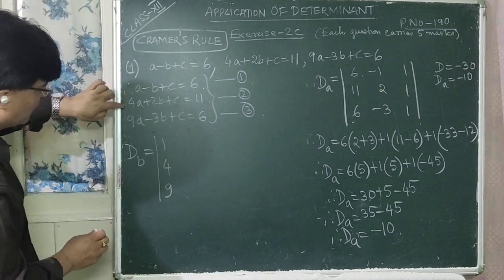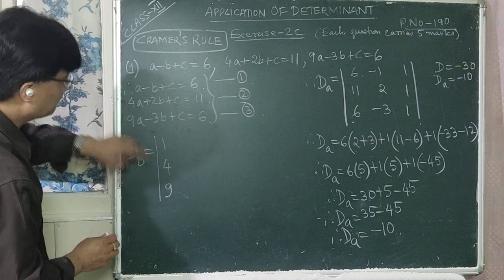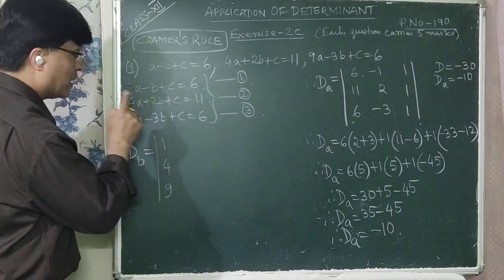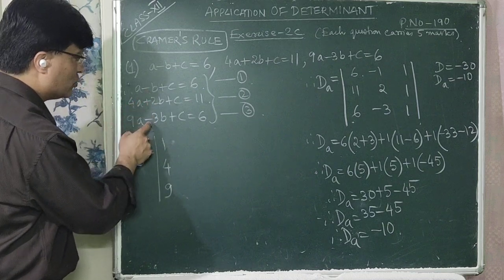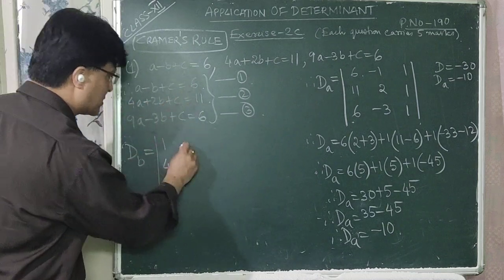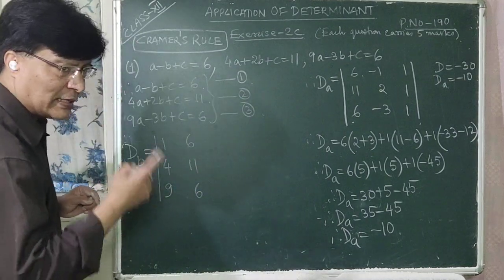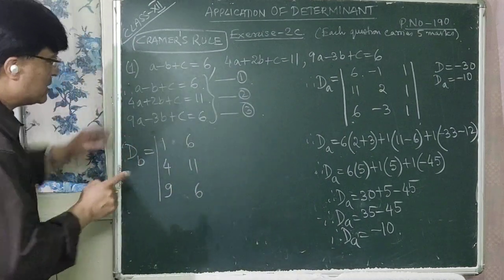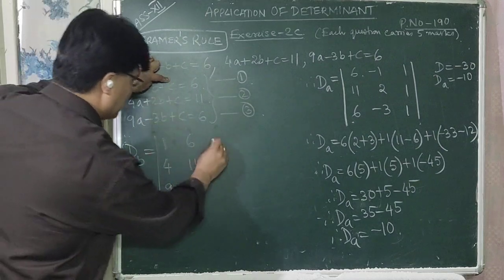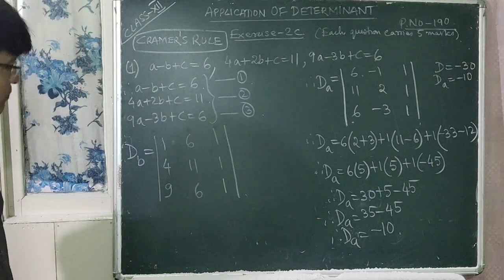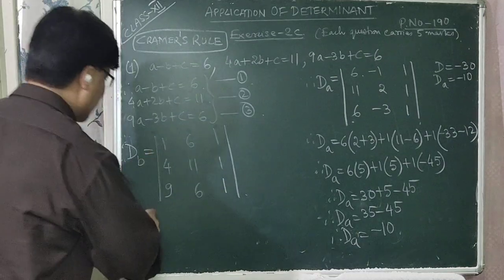Now this second column in determinant D, minus 1, 2, minus 3, is replaced by 6, 11, 6. And in D, the third column remains the same, which is 1, 1, 1. Is that clear now? So let us expand it.